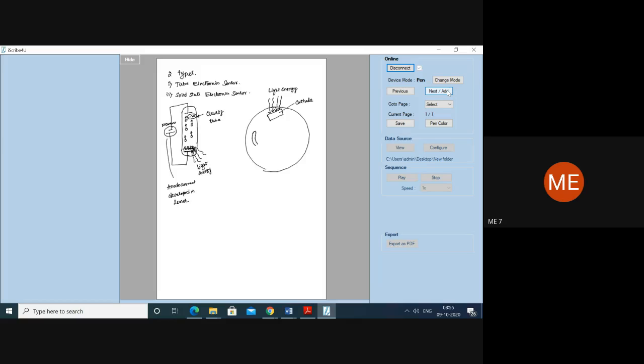Now please observe here. I will explain what this is. These are called dynodes: dynode 1, dynode 2, and dynode 3.